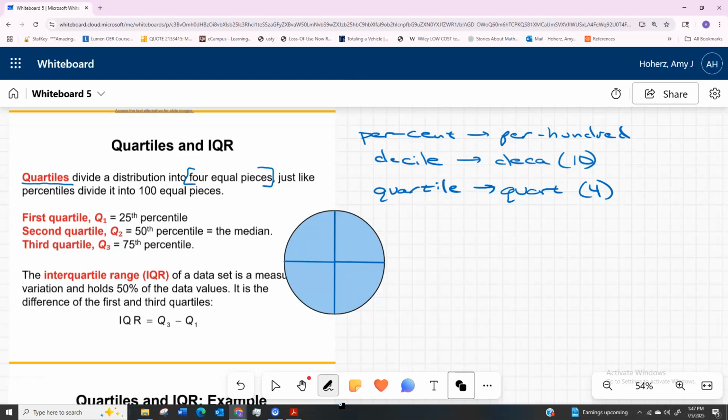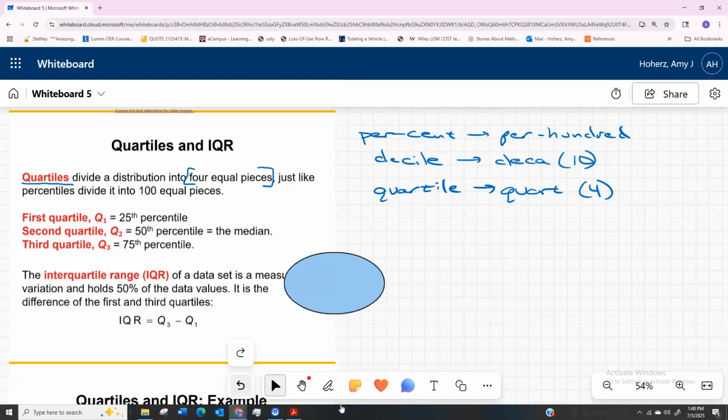This would be the first piece, the second piece, the third piece, and the fourth piece going around the pizza. Instead of doing that, we're going to be finding the median of the data, and then looking at each half of the data in order to calculate where the quarters are on either side.